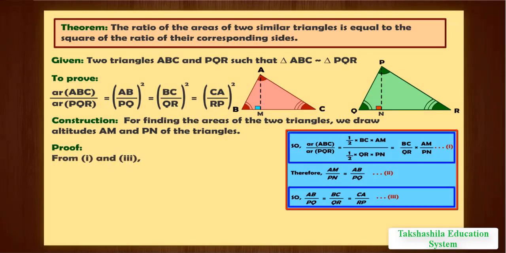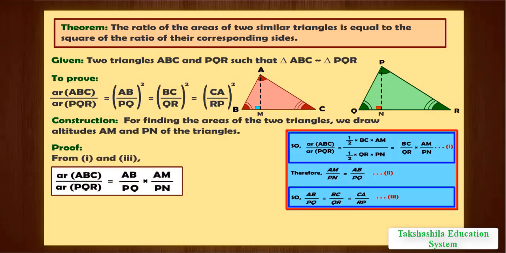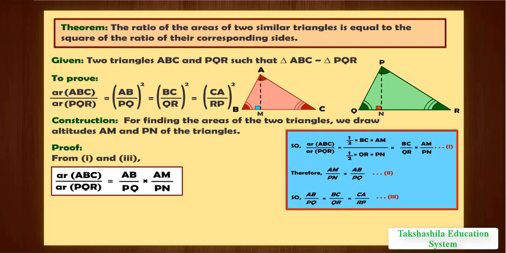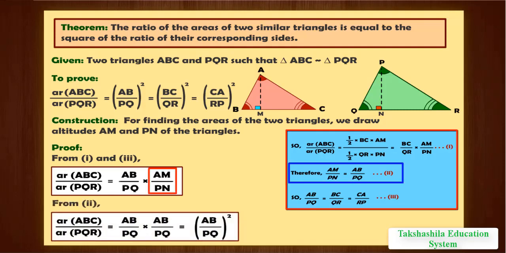From equations 1 and 3 we get area ABC upon area PQR is equal to AB upon PQ into AM upon PN. From equation 2 we get area ABC upon area PQR is equal to AB upon PQ into AB upon PQ, which is the whole square of AB upon PQ.